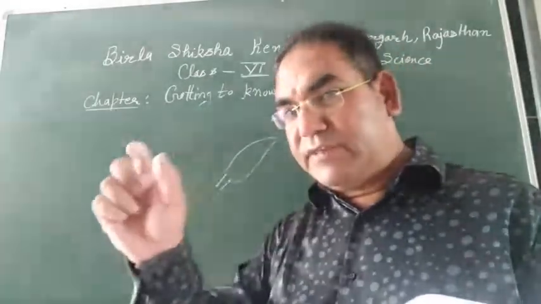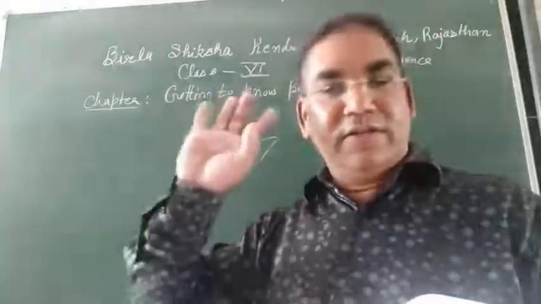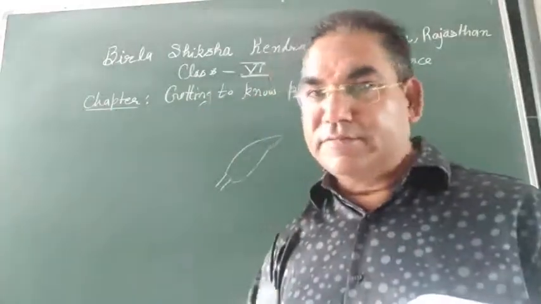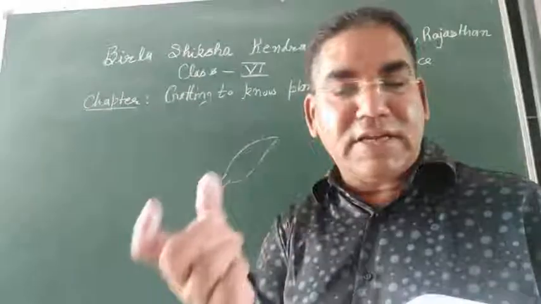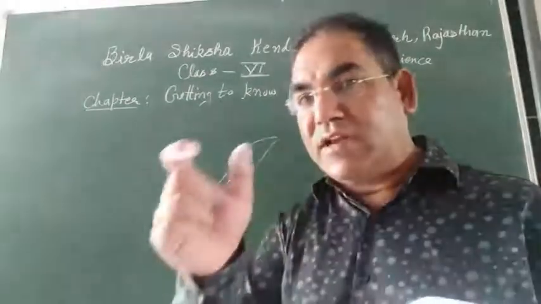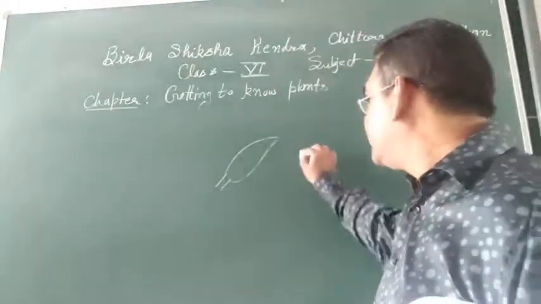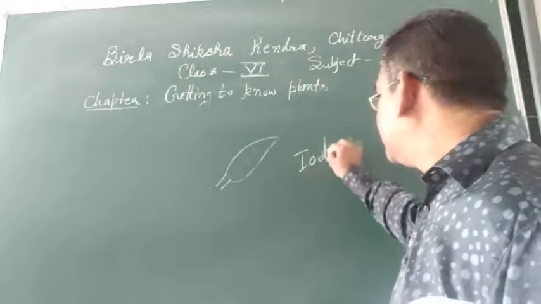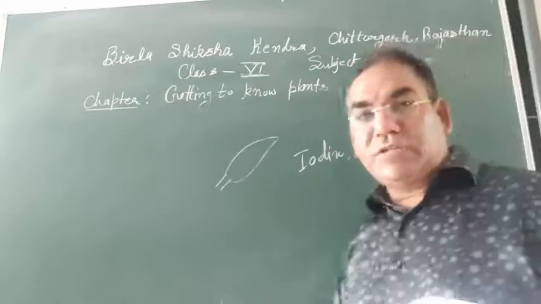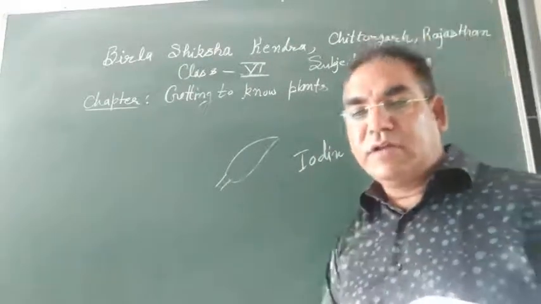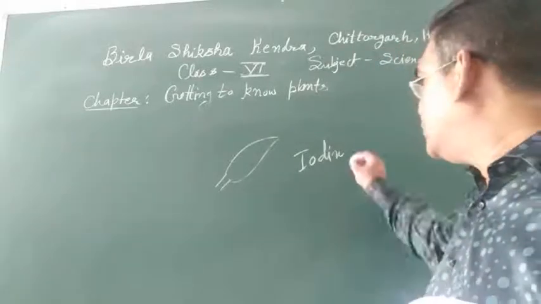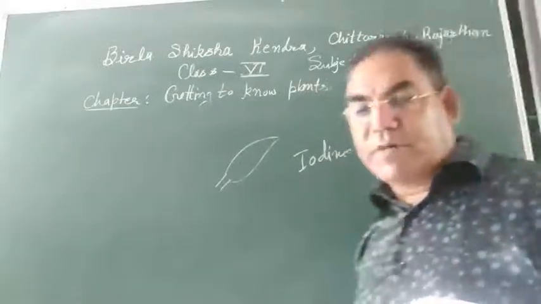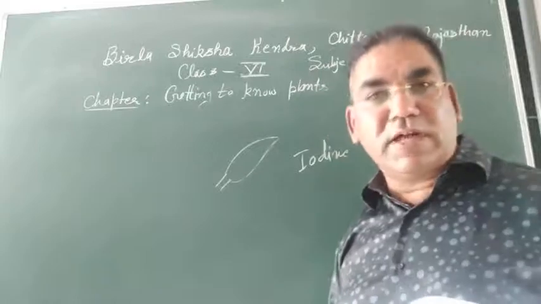Now take the leaf on a glass slide. एक ग्लास का पीस है, glass slide. Now put iodine solution over it. इसके ऊपर थोड़ा सा iodine solution हम डाल देंगे.